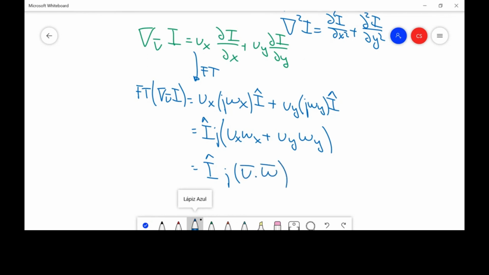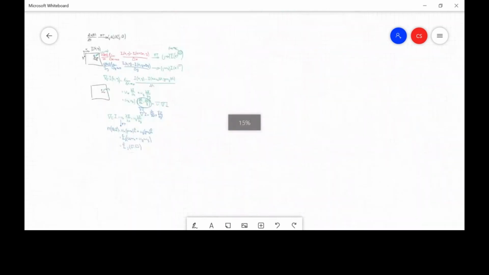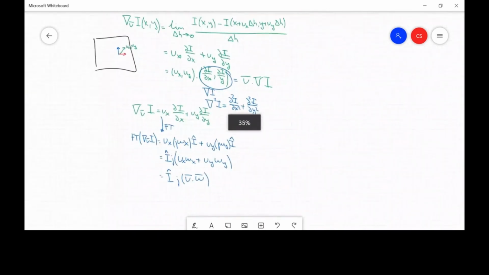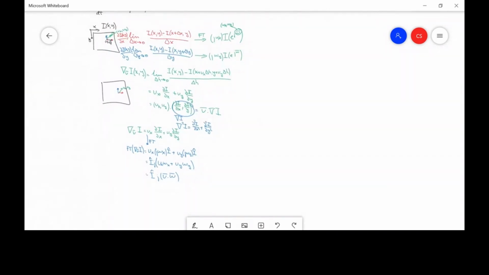So this is an extremely nice result because we have generalized these results here. So this was j omega x, j omega y, but now we understand why. This omega x is the vector omega multiplied by (1, 0), and this omega y is the vector omega multiplied by (0, 1).